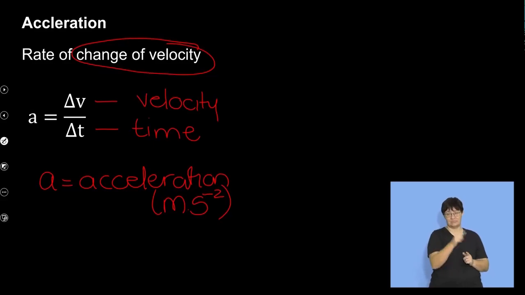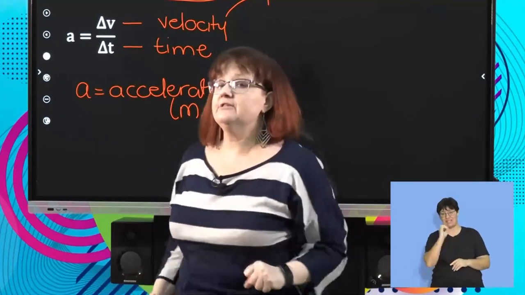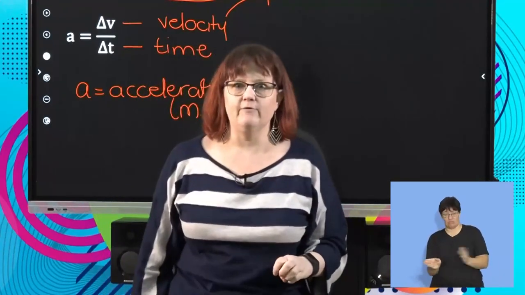Okay, so I'm going to introduce some new symbols: it's a final velocity minus an initial velocity. You're going to see that often. But change in means the velocity has to change. Or if the velocity doesn't change, acceleration is 0. Acceleration is a vector, it has to have a direction.